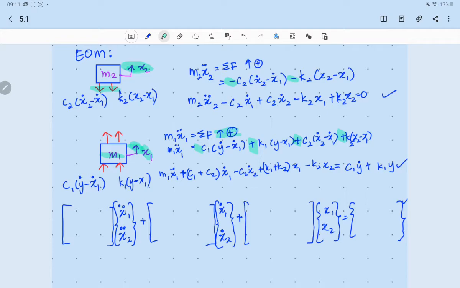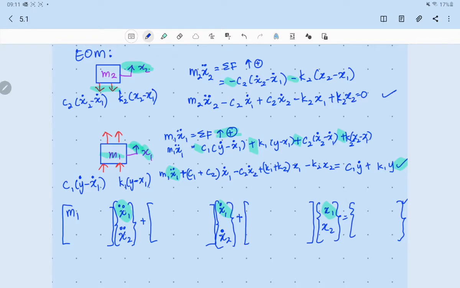Since we have the designation of M1, normally we put x1 first. It will be easier to put all the x1 as the first equation, so we will just focus on this equation first. You can see the coefficient of x double dot 1 is only M1, so you just write M1 here.